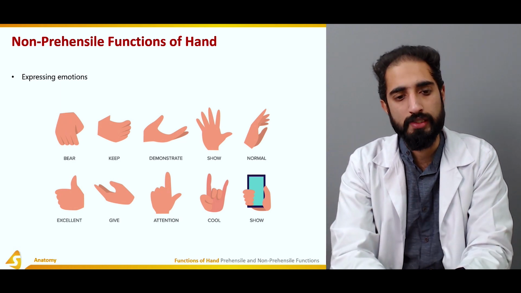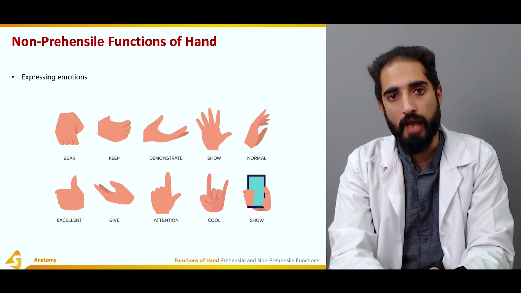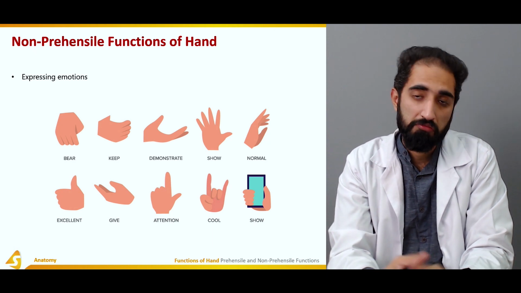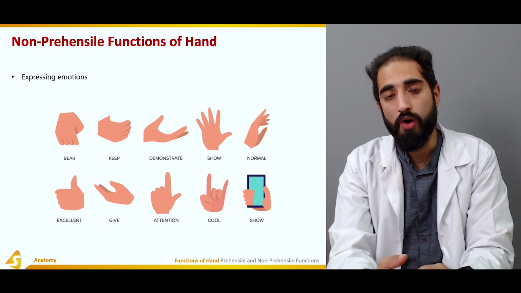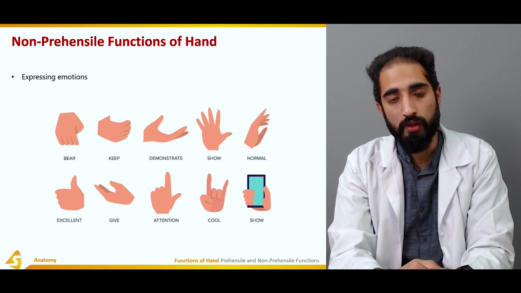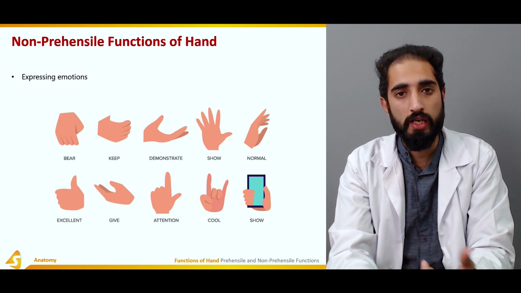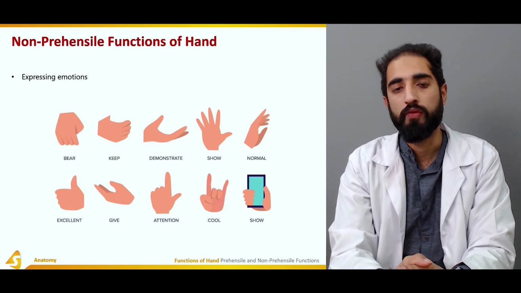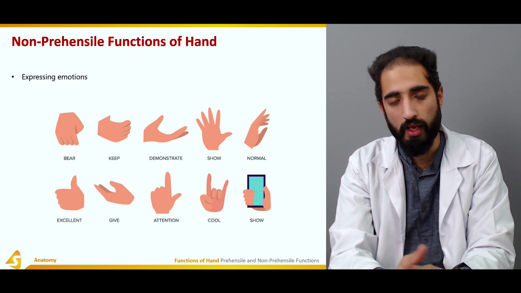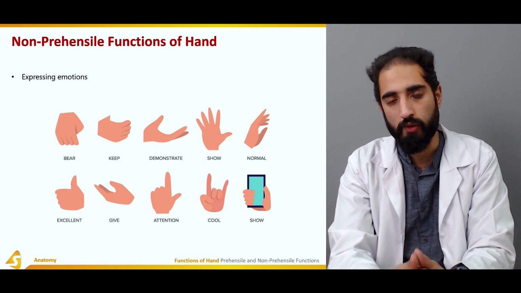One of them is very important, which is expressing emotion, a very important part of our body language. A lot of individuals who are unable to communicate, people who cannot talk, use their hand gestures to make others understand their emotions, whatever they are trying to say, and that is also known as sign language, gesture language or hand language.